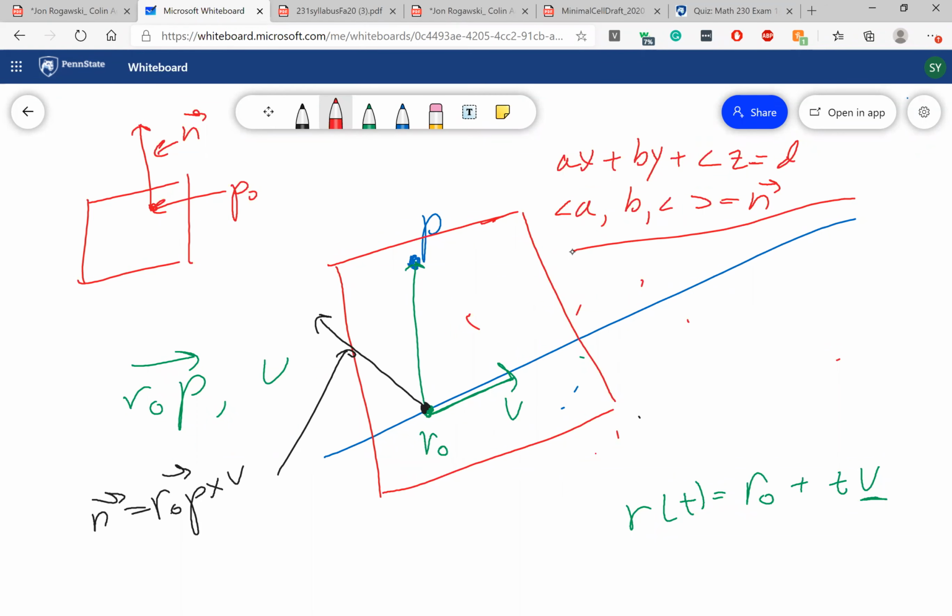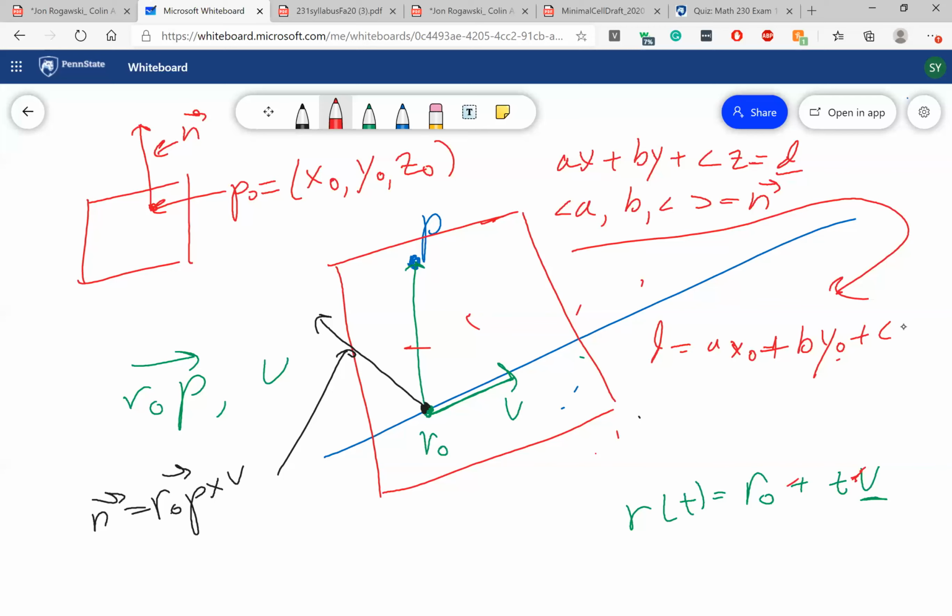Then for P0, let's say this is X0, Y0, Z0, then D is equal to A X0 plus B Y0 plus C Z0.